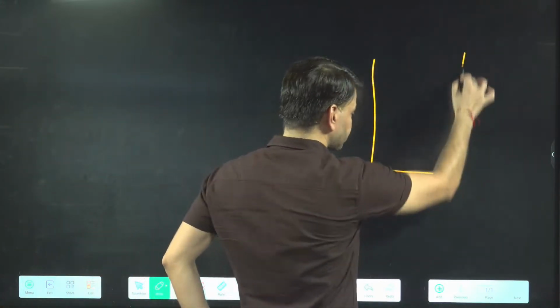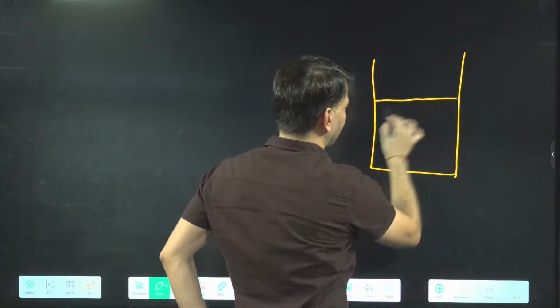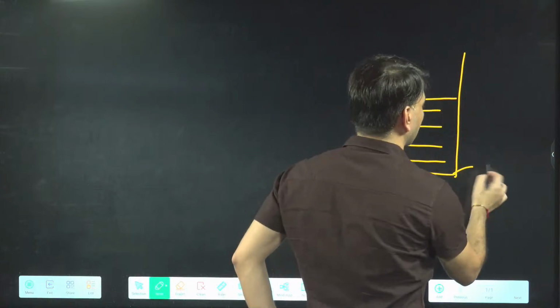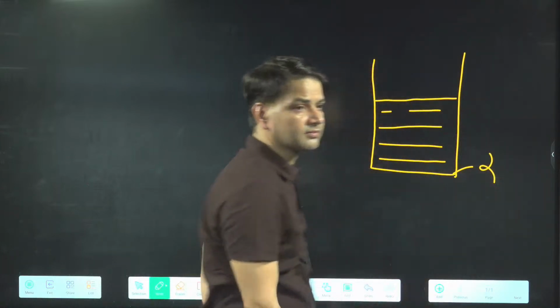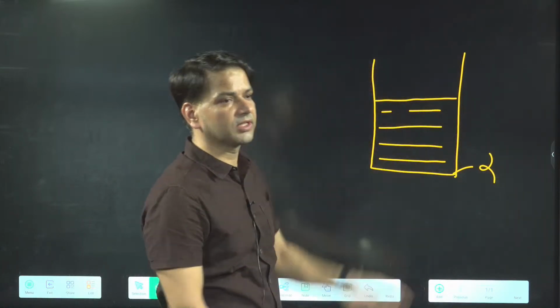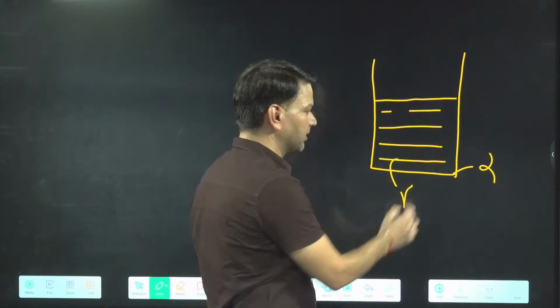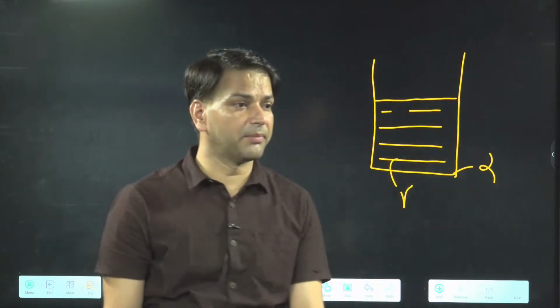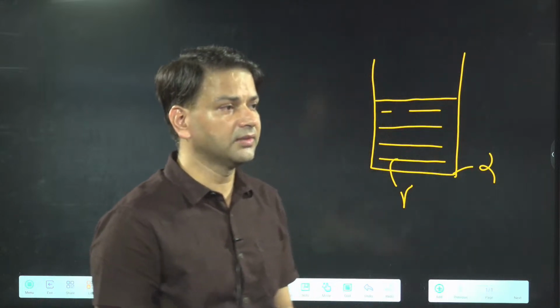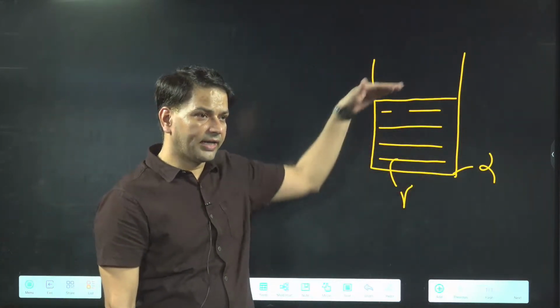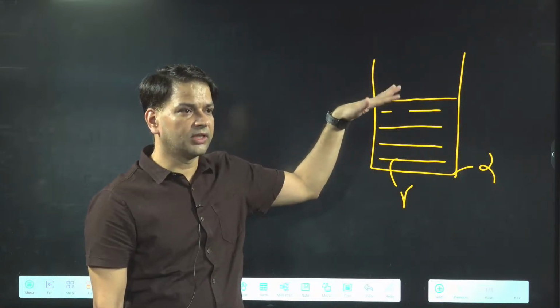What was the problem? A liquid is filled in a container. They have given alpha of the container, the coefficient of linear expansion of the container, and the liquid expansion coefficient they have given as gamma. They are asking the relation between gamma and alpha, with the condition that when you pass heat, the height of the liquid column in the container is not changing.